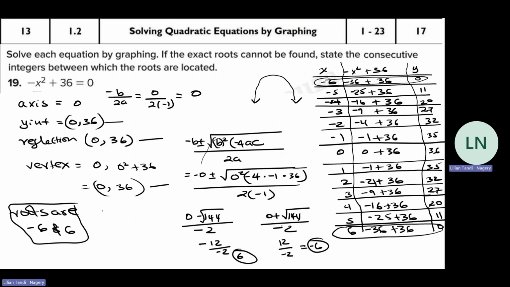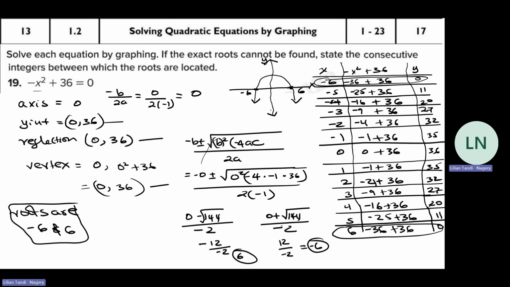And then you choose the graph that opens downwards. This number here will be negative 6, and this number here will be 6. And this number here in the middle will be the y-axis, and this is your x-axis.